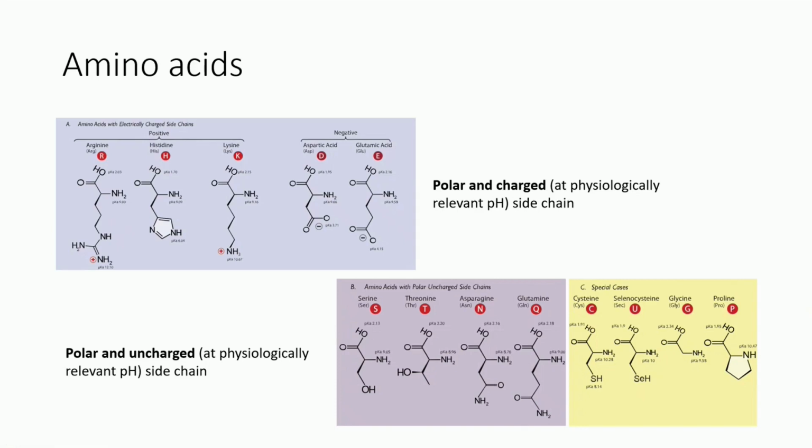There are some special cases of amino acids. Cysteine would be weakly acidic. However, the sulfhydryl group is often involved in disulfide bonding, and it's responsible for the shape of the protein also.